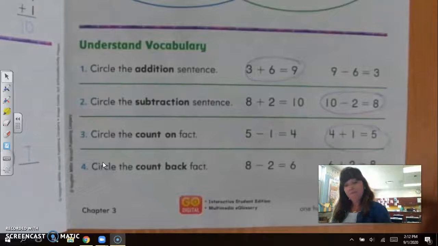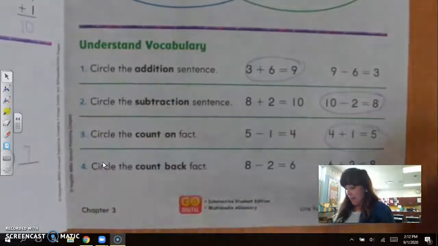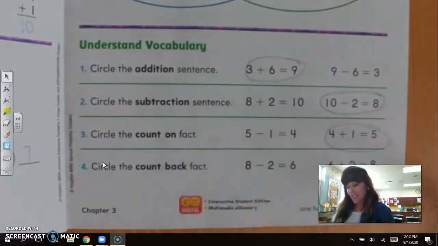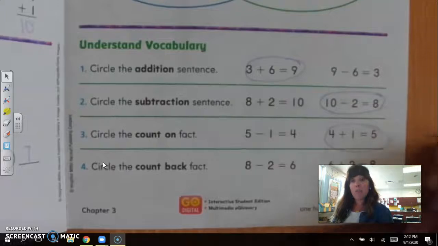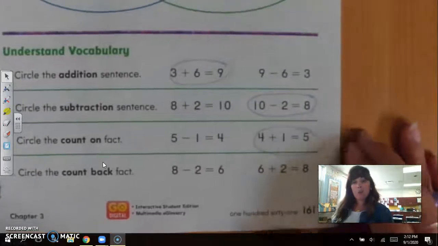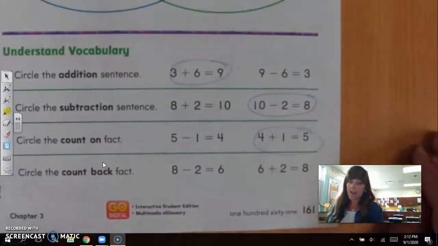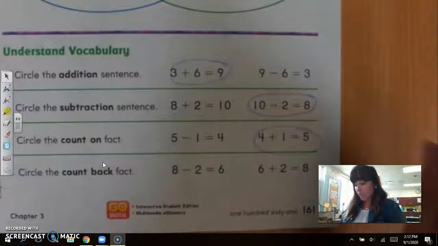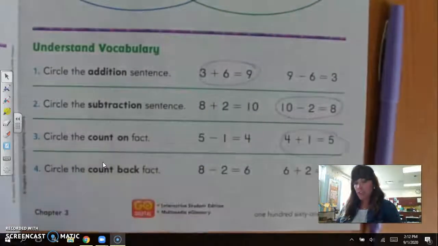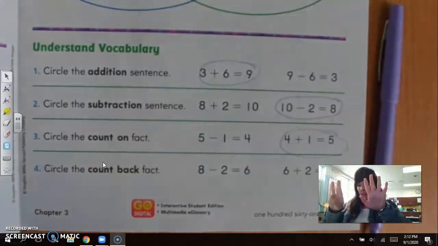4 plus 1. Circle the count back fact. 8 minus 2 equals 6, or 6 plus 2 equals 8. Which one is the count back fact? So again, let's start with 8 minus 2. I'm going to put up 8 fingers. Okay, we're taking away 2, so we're at 8, 7, 6.